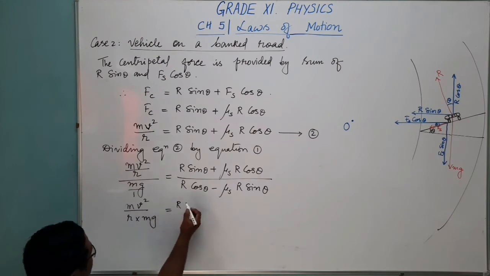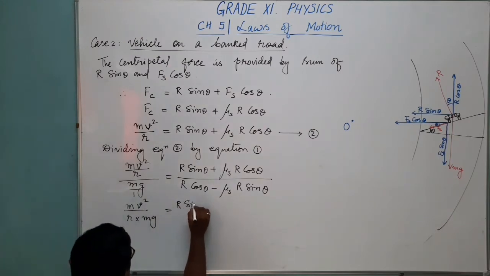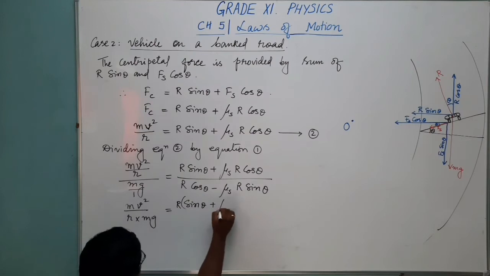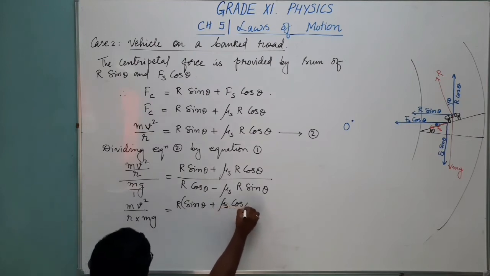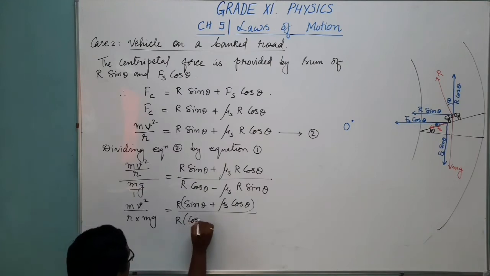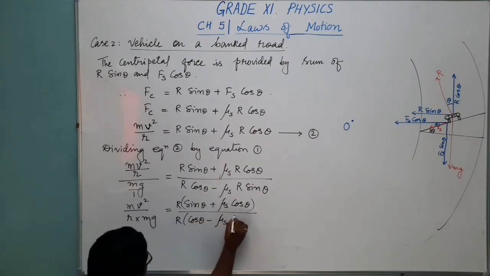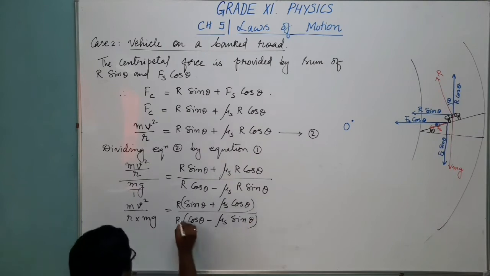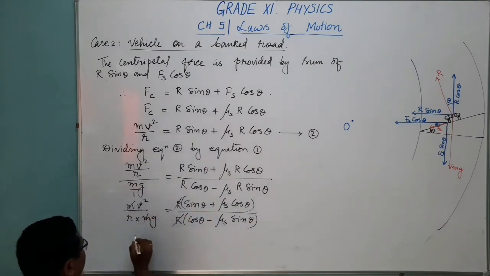R if you take common, you will get sin theta plus mu s cos theta divided by r is common, cos theta minus mu s sin theta. So this r cancels, m cancels, you will get v square divided by rg.